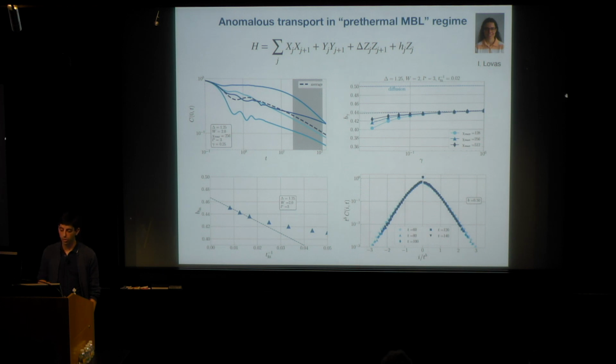More notably, there is this strange feature that there is a peak exactly at the origin. When you look at autocorrelations on the same site, they seem to get some anomalous contribution. They still decay as 1 over square root of time, but they don't fall on this scaling curve. This is a feature that we are trying to understand. It seems to have something to do with the physics of resonances that people have thought about in the context of this not-many-body-localized but disordered regime, and this is something we are still exploring.